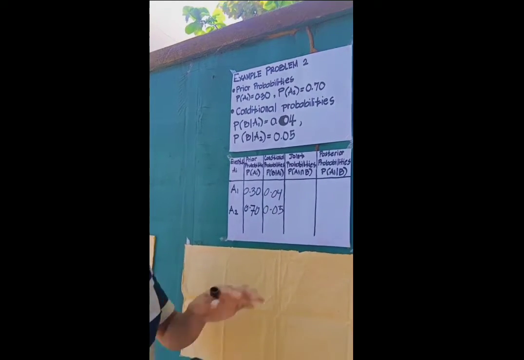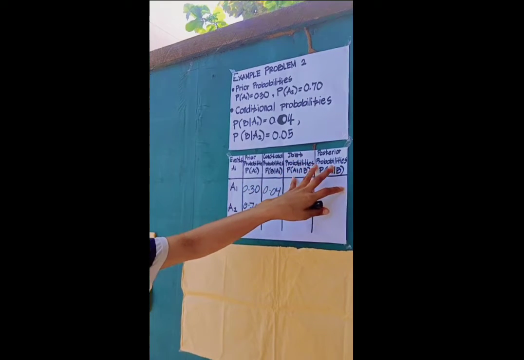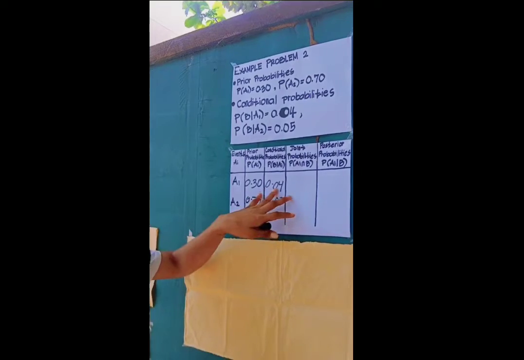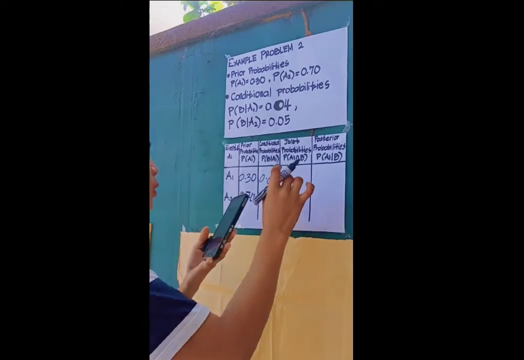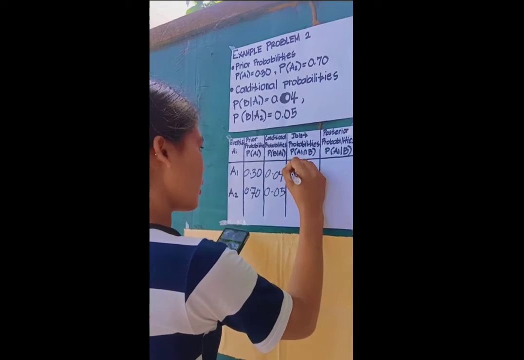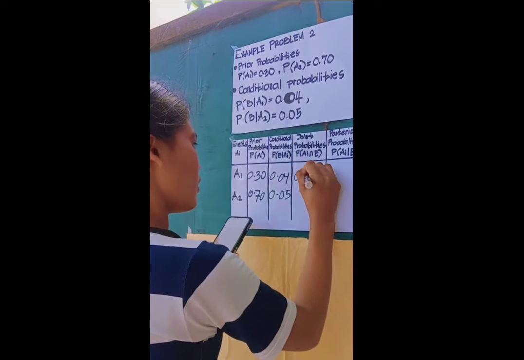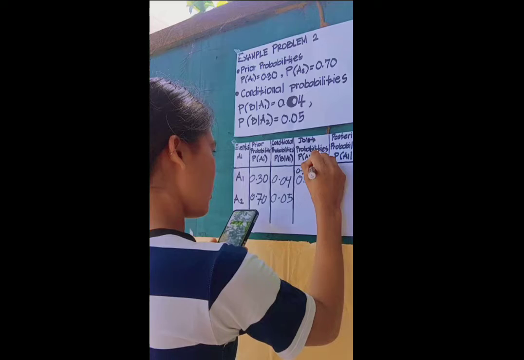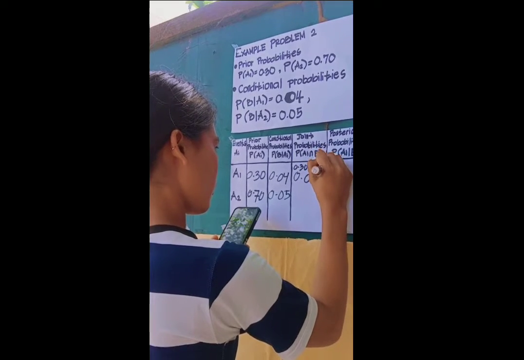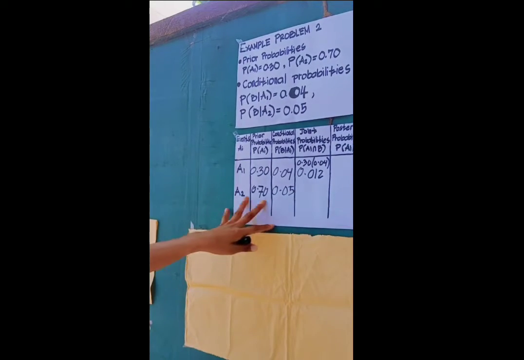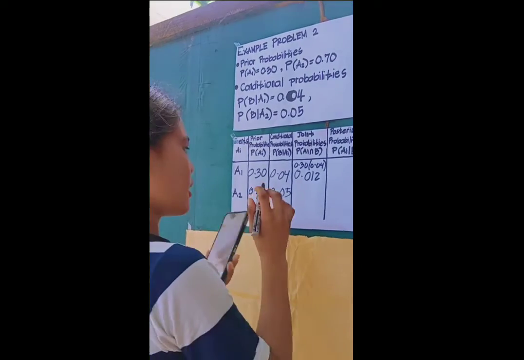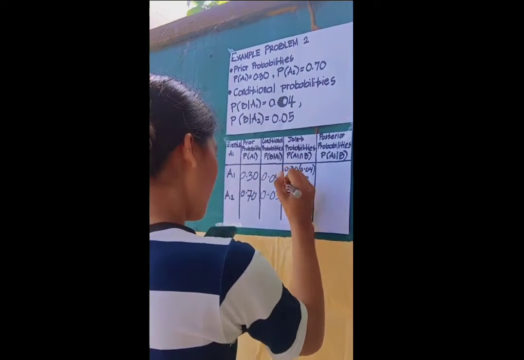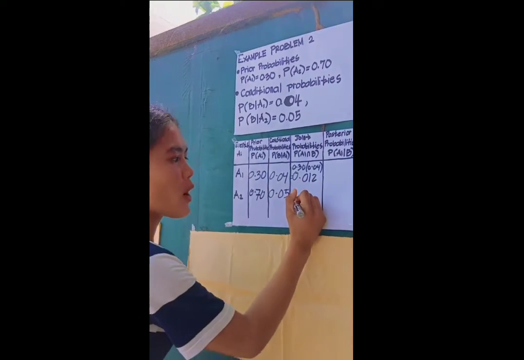Then to get the joint probabilities, we multiply the 0.30 and 0.04, which is equal to 0.012. And then the E sub 2, 0.70 multiplied by 0.05 is equal to 0.035.